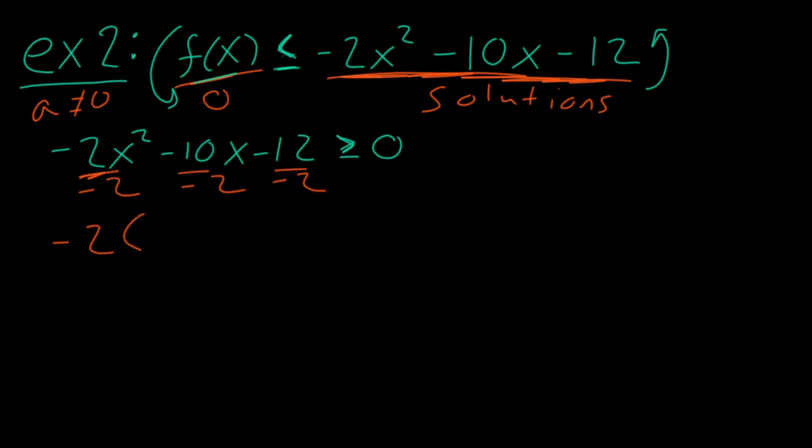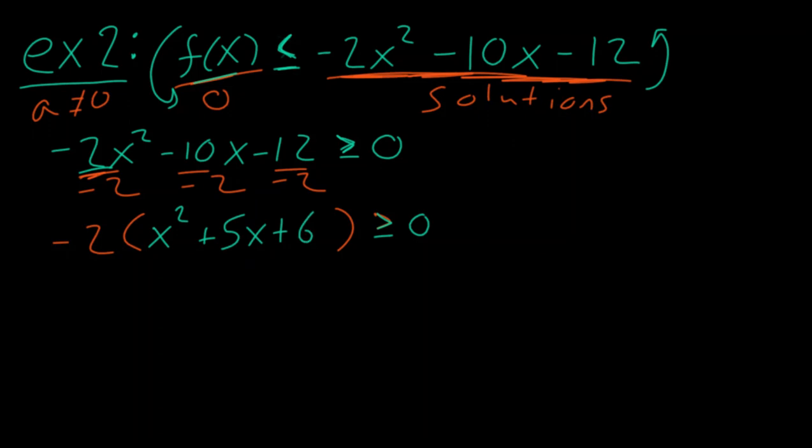So we can write -2, big parentheses, is greater than or equal to 0. And let's just go through these. -2 divided by -2 is positive 1x squared. -10 divided by -2 is positive 5x. And -12 divided by -2 is positive 6.